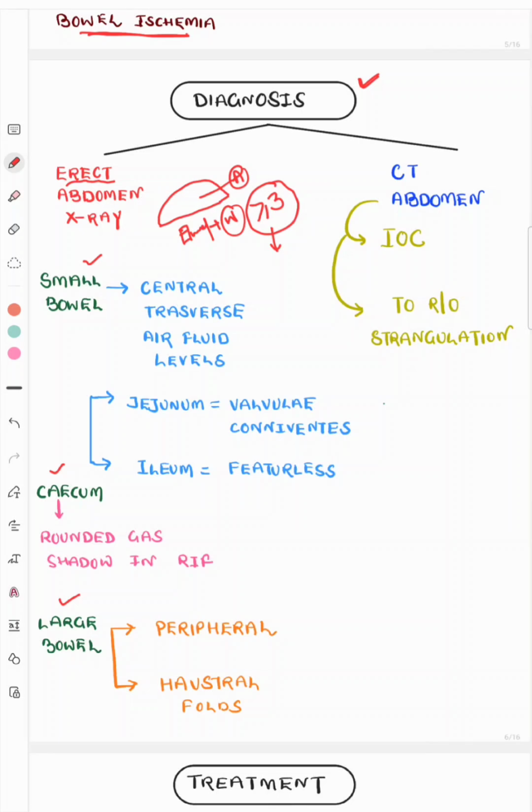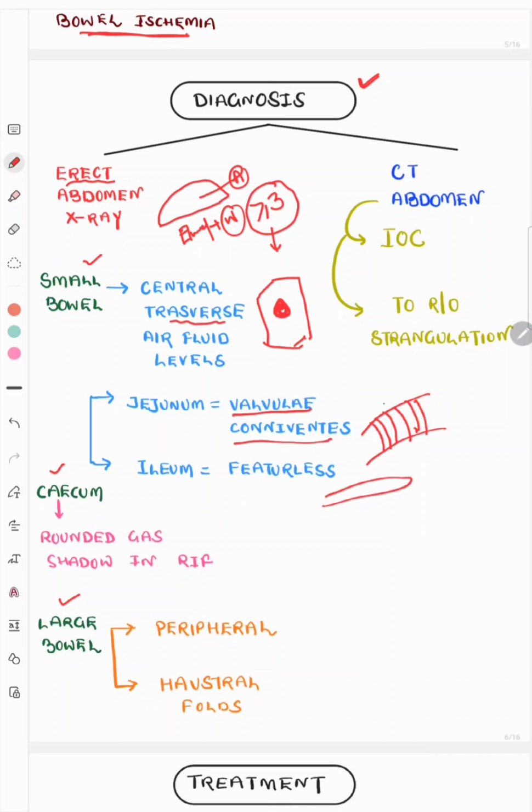So in small bowel the obstruction will be central, in the center of the X-ray. Transverse air fluid levels will be seen. For jejunum there will be valvulae conniventes, continuing till the full lumen of the intestine, full continuity, and ileum is featureless, nothing can be seen in the lumen.